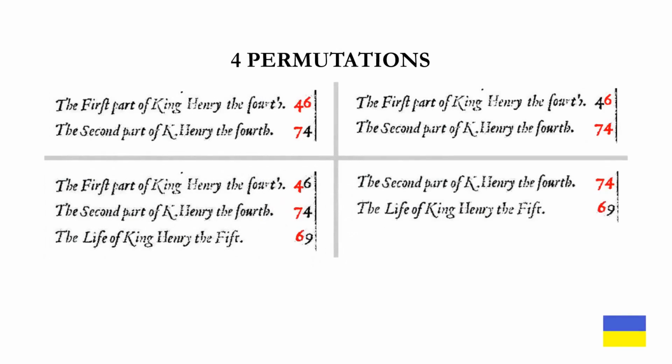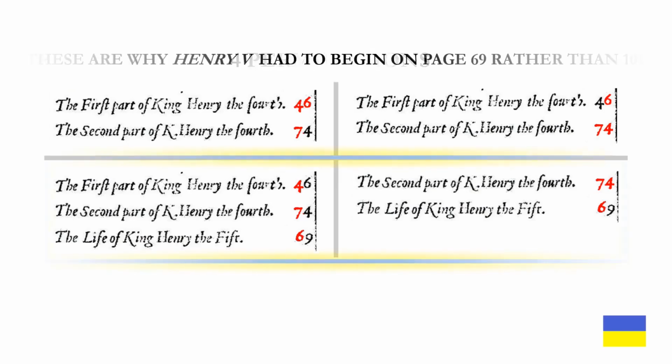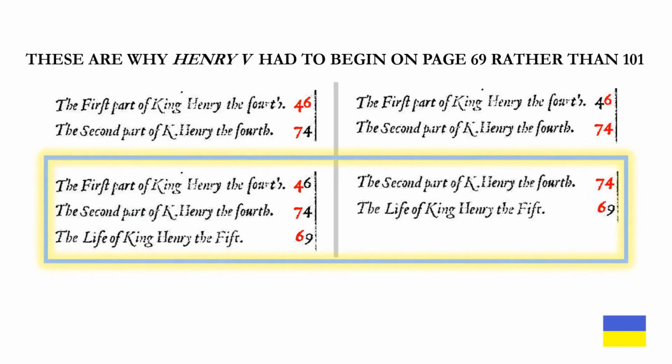What I have discovered are 4 permutations of the digits that add to the same target number, which equals the number of plays listed before the location of the quaternion and the number of plays listed after the location of the quaternion. These last 2 permutations are why Henry V had to begin on page 69 rather than 101.